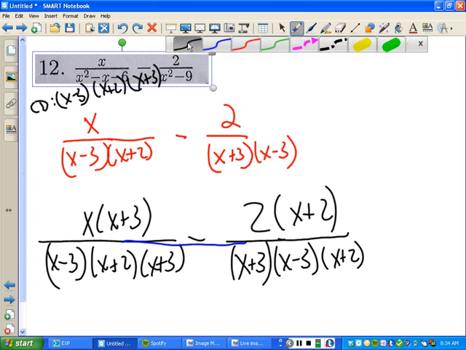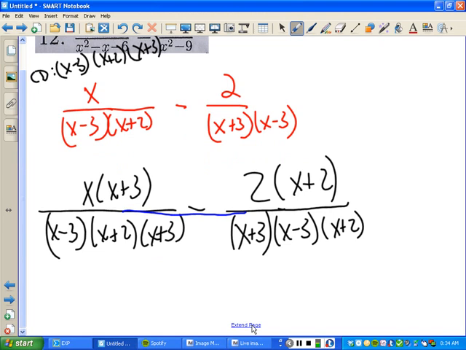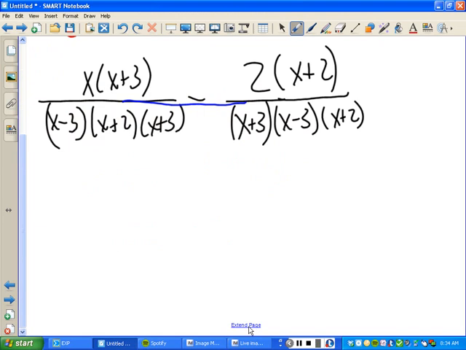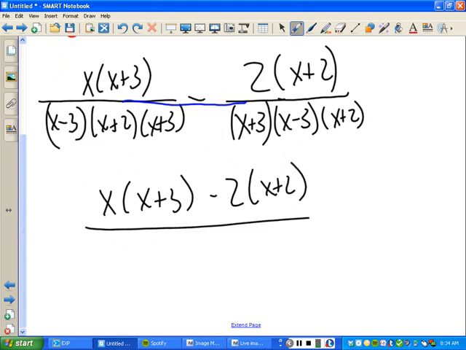All right, put them all together into one big fraction. What do we get? X plus 3 minus 2 x plus 2 over x minus 3 x plus 2 x minus x plus 3.